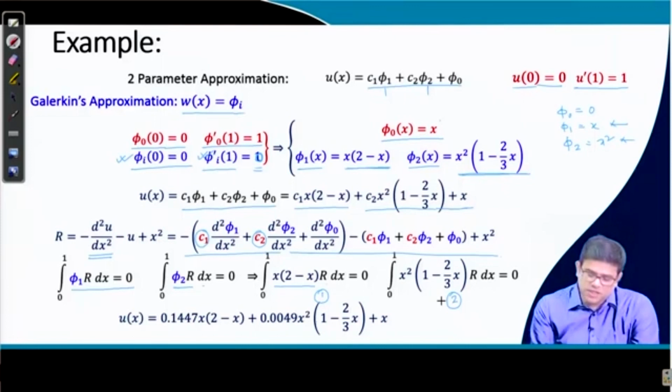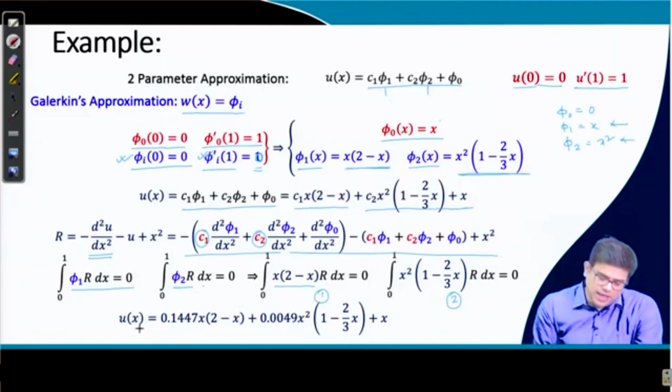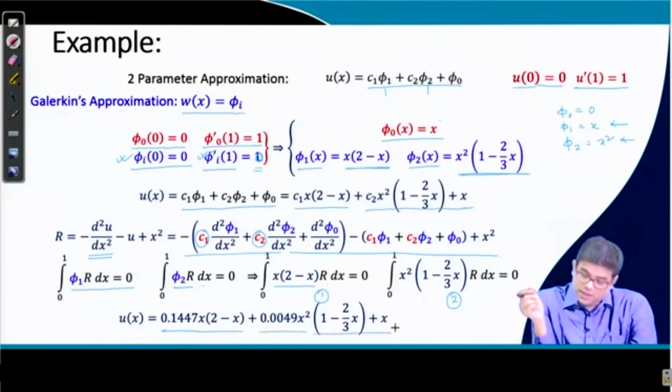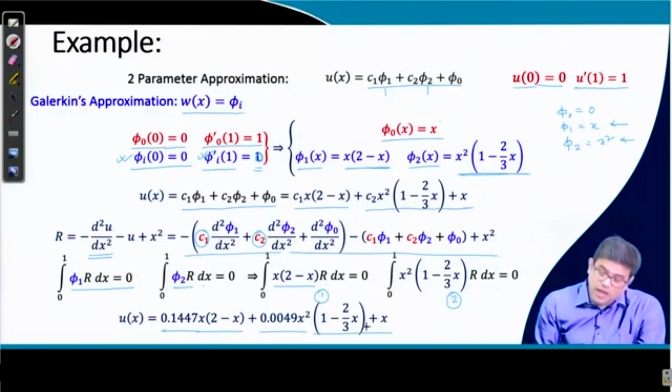With these two equations, if I solve them, I get my solution in this form. In our previous case our solution was a quadratic solution. Now this is a cubic solution.